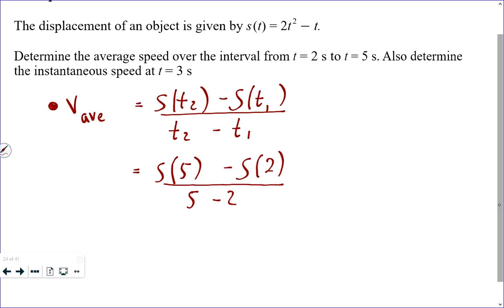I hope it's clear that this thing we're calculating will be numerical everywhere. There will be no t's. It's not a limit, it's just an expression.